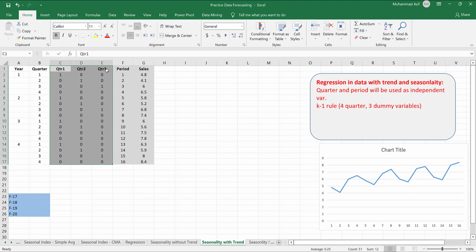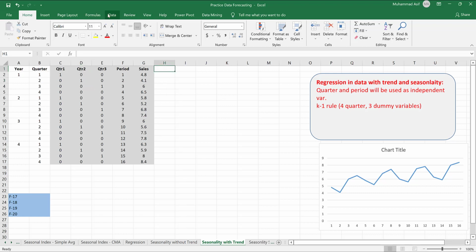This is 4.1, the sales for first quarter, so here it's Q1, and the other two quarters become 0. This is sales for second quarter, Q2 becomes 1 and the others become 0, and this is period, that's just 1, 2, 3, and so onward. And for this one again we use the same approach.